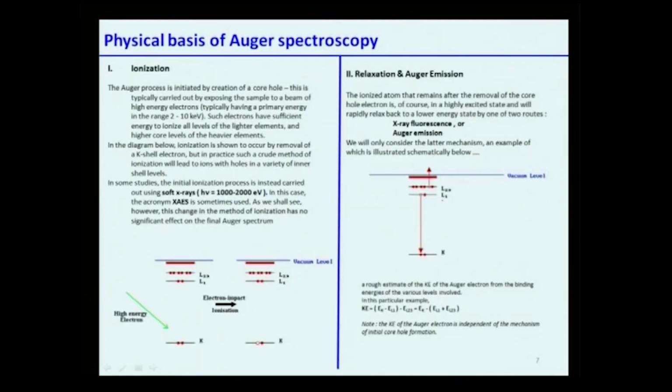So after knowing this, now let us talk about the physical basis of Auger spectroscopy. What is the physical basis of this particular technique? Well, I talked about XPS, so let me bring in the XPS concept.